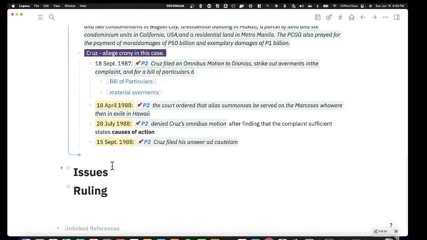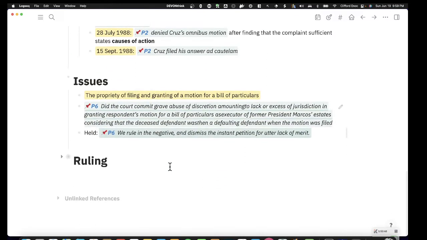But regarding those issue, ang nangyari dito is that the Sandiganbayan, no, they grant the respondent's motion for bill of particulars as executor of former, si the president right now, si Bongbong, no? Kasi siya ang executor of the estate of Marcos. Okay, so ni-grant ang motion for bill of particulars.